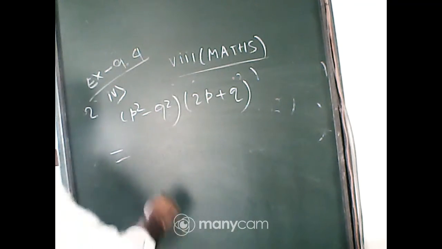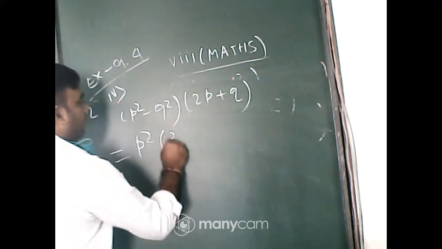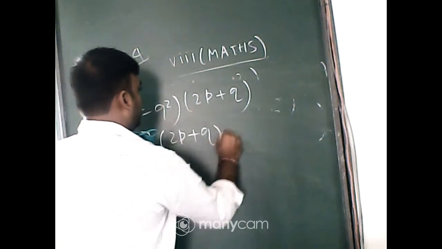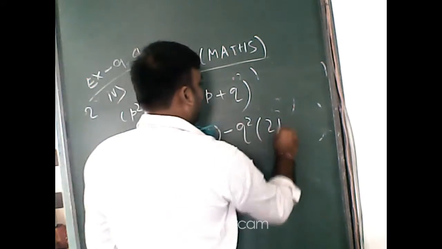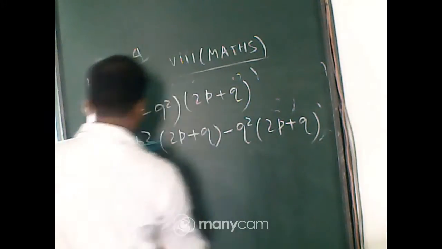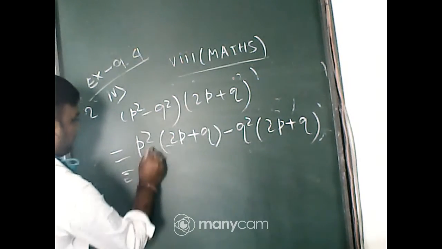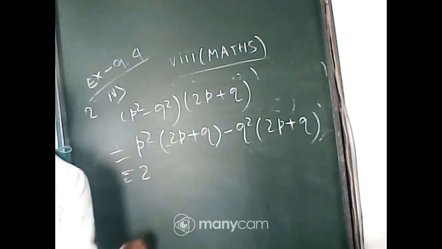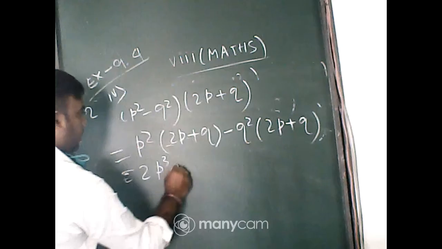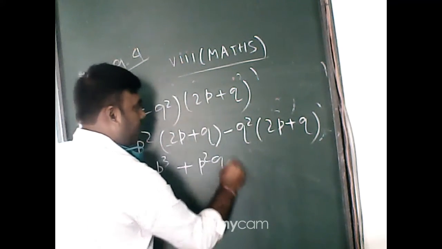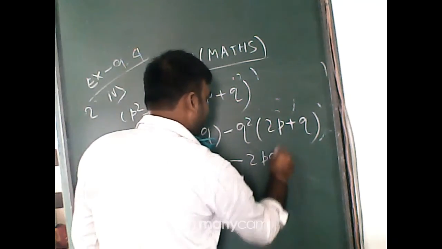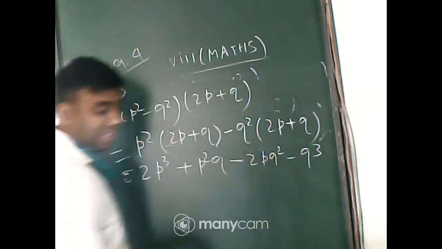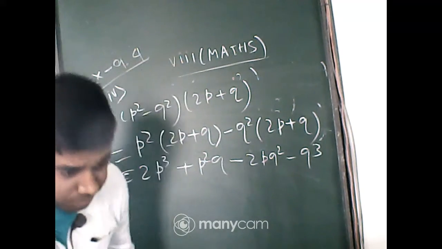So very easy, that is p square into 2p plus q minus q square into 2p plus q. So p square into 2p, obviously 2 p square into p, that is p cube, plus p square q minus 2p q square minus q cube. That is the answer. Got it, everyone?